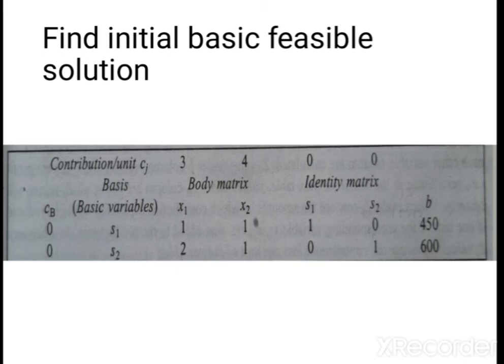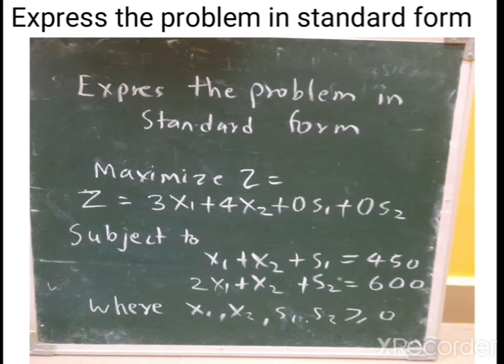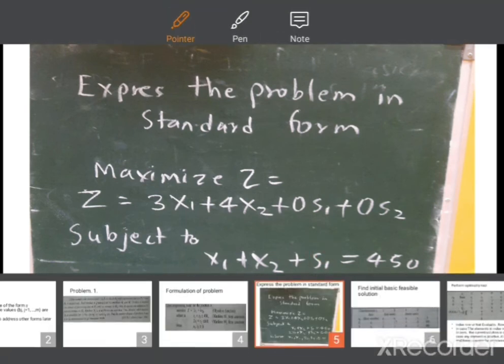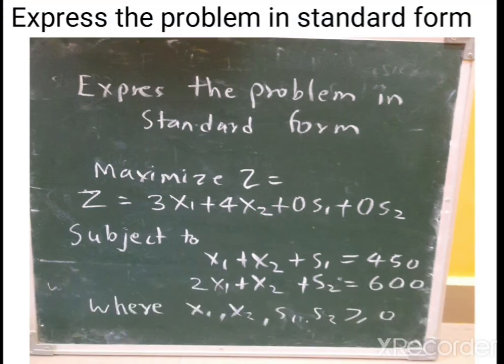In the previous equation, 1 x1 plus 1 x2 plus 1 s1 equals 450. Similarly, 2 x1 plus 1 x2 plus 1 s2 equals 600.